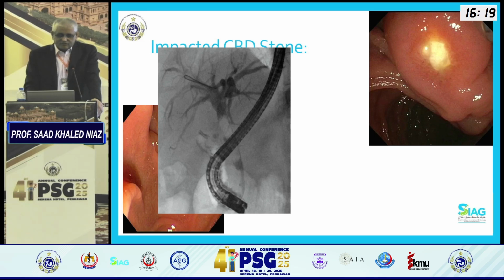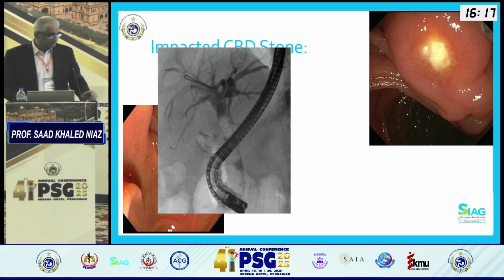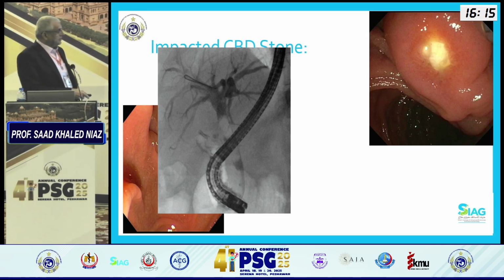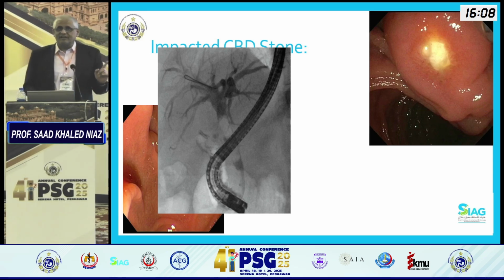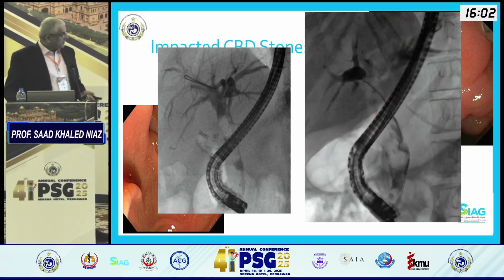Then you see two large stones here, and the duct is not very dilated. If the patient already has a stent, remember the duct is not going to be very dilated, so keep that in mind. Here you have a duct which is dilated as well as multiple large stones.